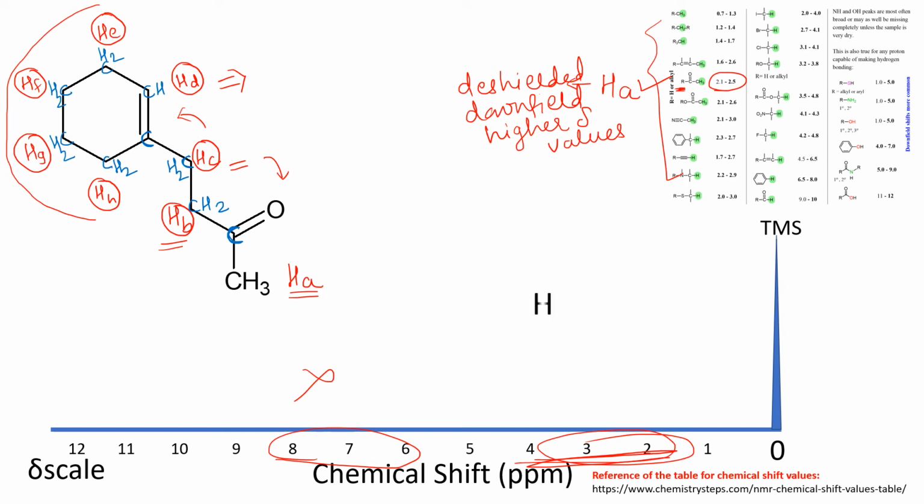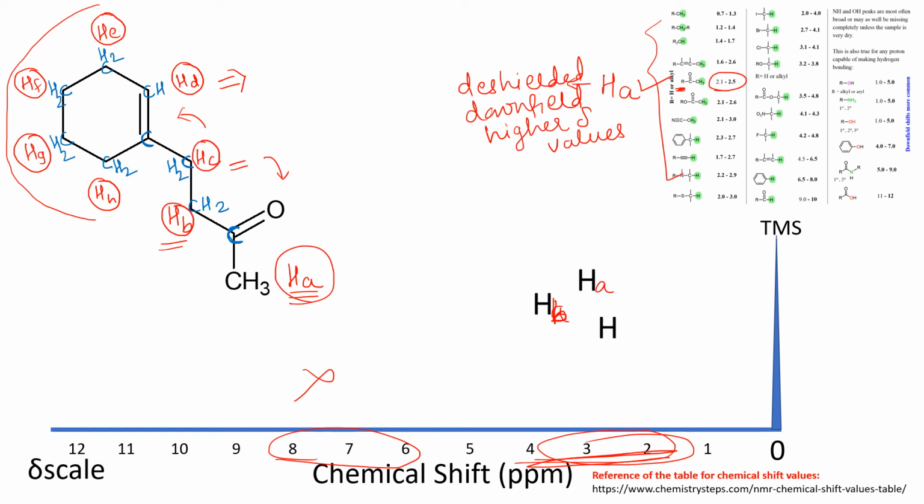Let us see which will be the most de-shielded among them. As I told you, it would be HA, because it is very much close to, I think it should be HB. Yes, it should be HB because it is very much close to the carbonyl group, and on the other hand it has that bulky group also. Then we should have CH3, that is HA.